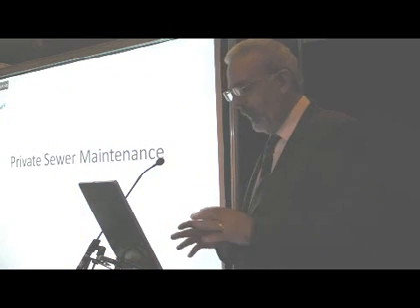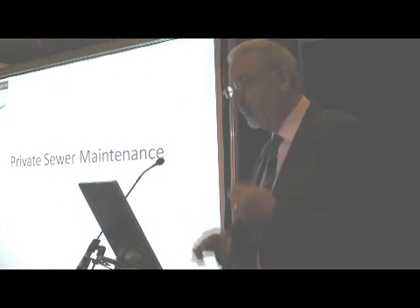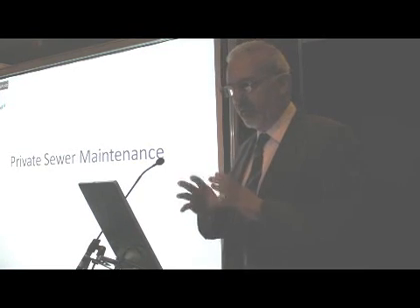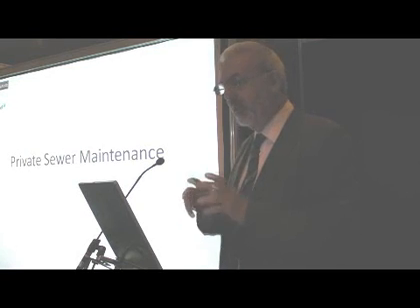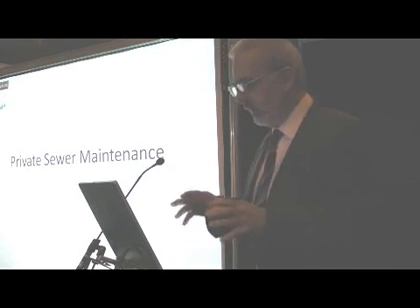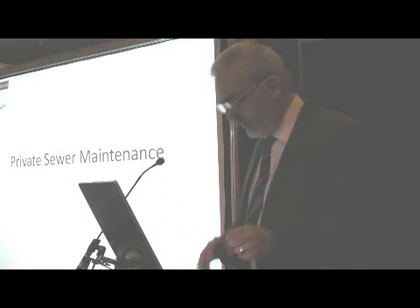The other aspect is using that information to identify the maintenance needs, look at the condition of these pipes. Now, this part can be done independent of the survey, so it can be used with the survey or it can be used independently.